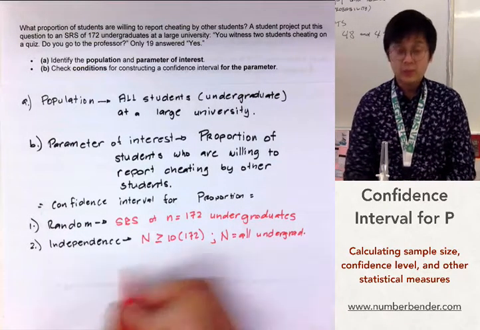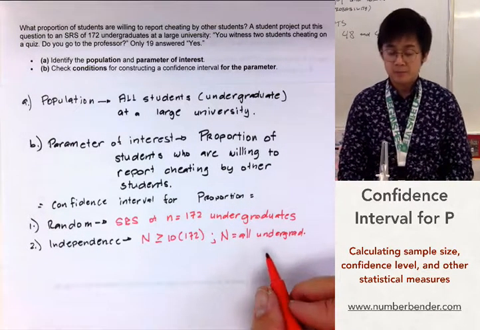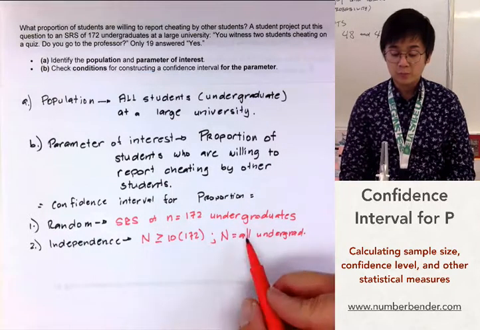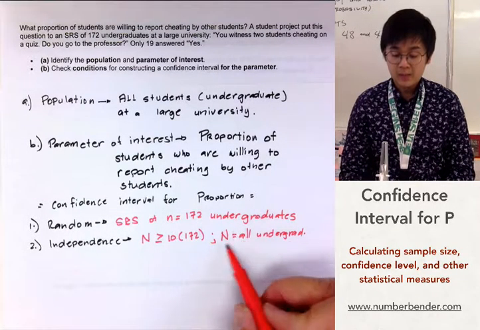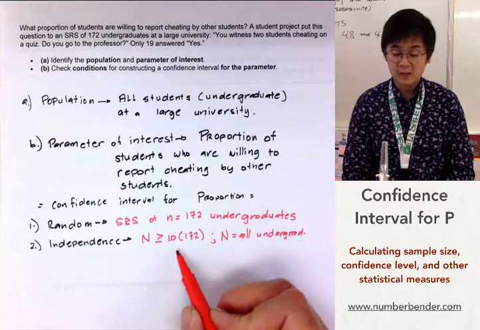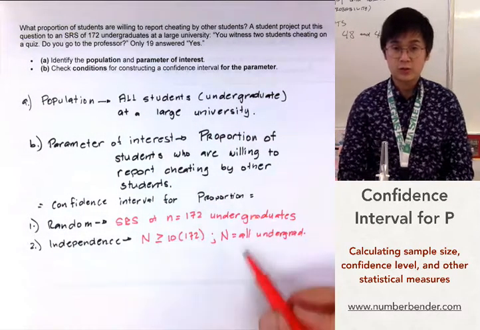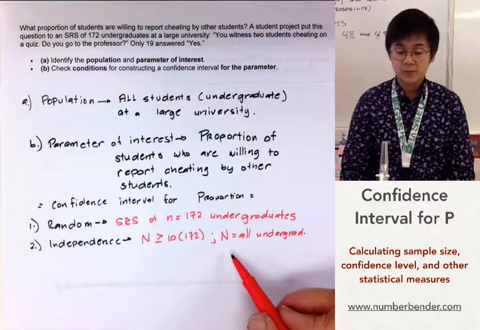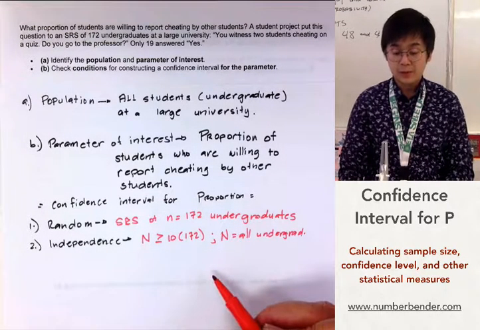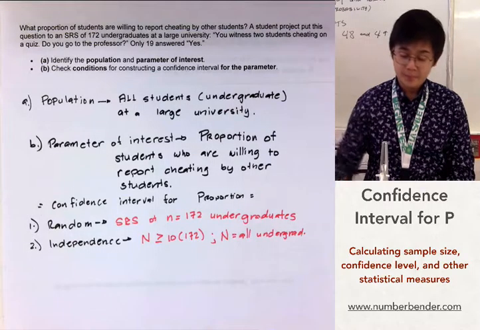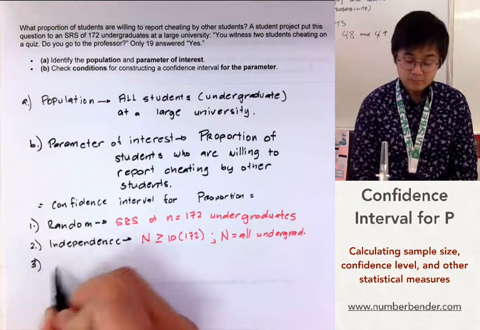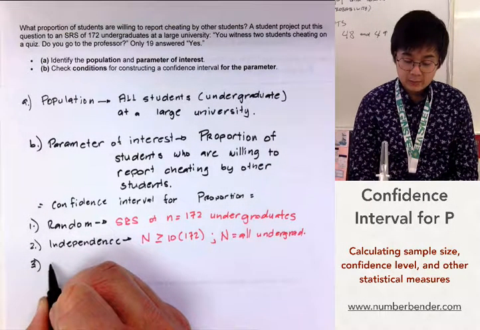So, by doing this or by writing this out, masasatisfy na natin or ma-verify na natin na mas malaki yung population kesa sa 1,720 base dito sa large university na or assumption natin sa population ng large university. Now, yung 3, normality.